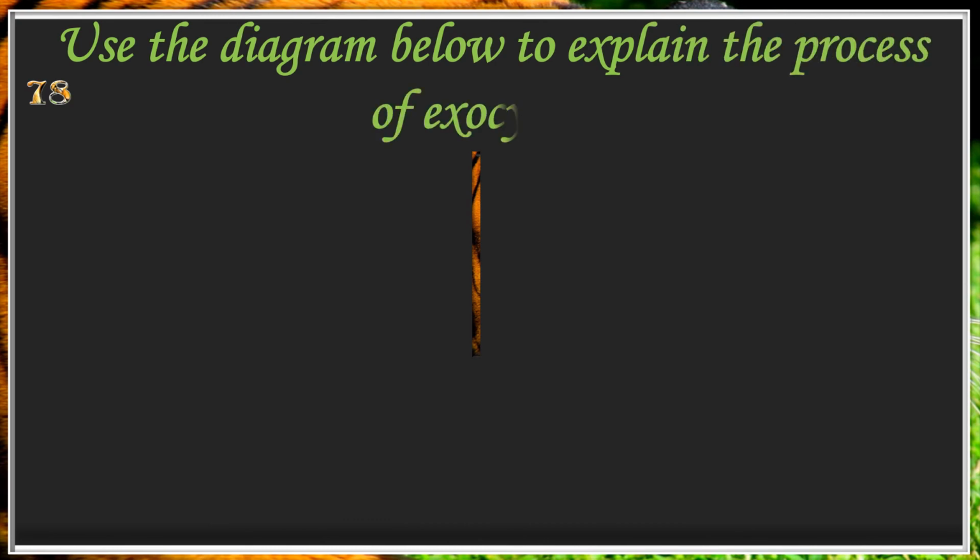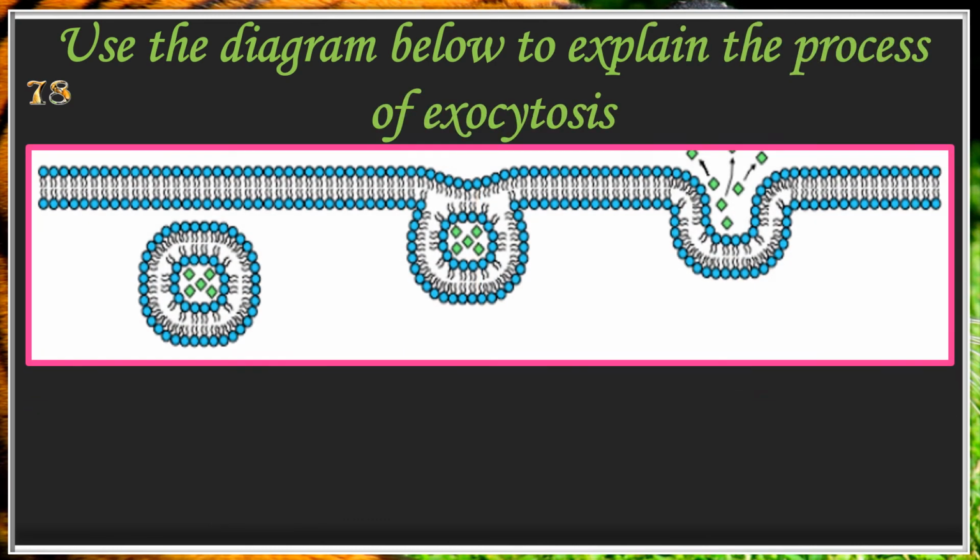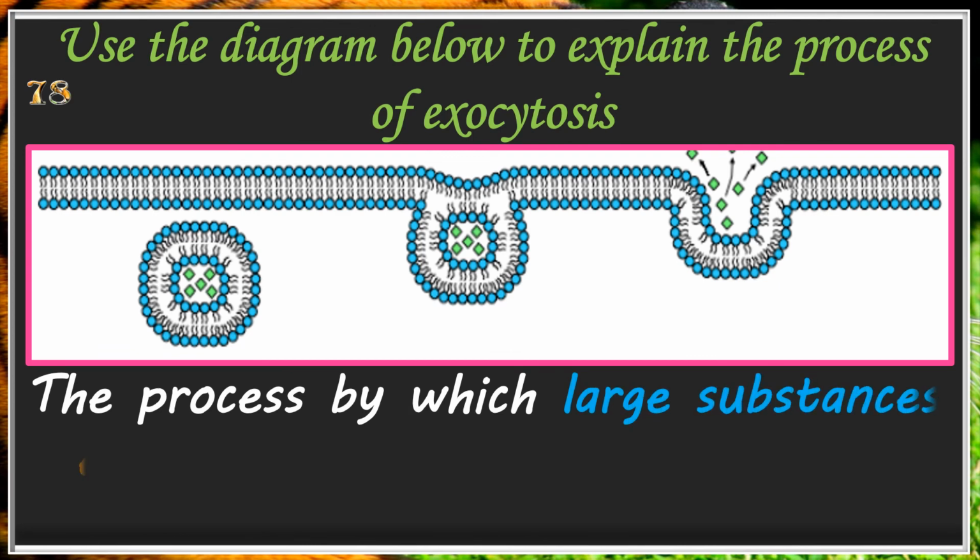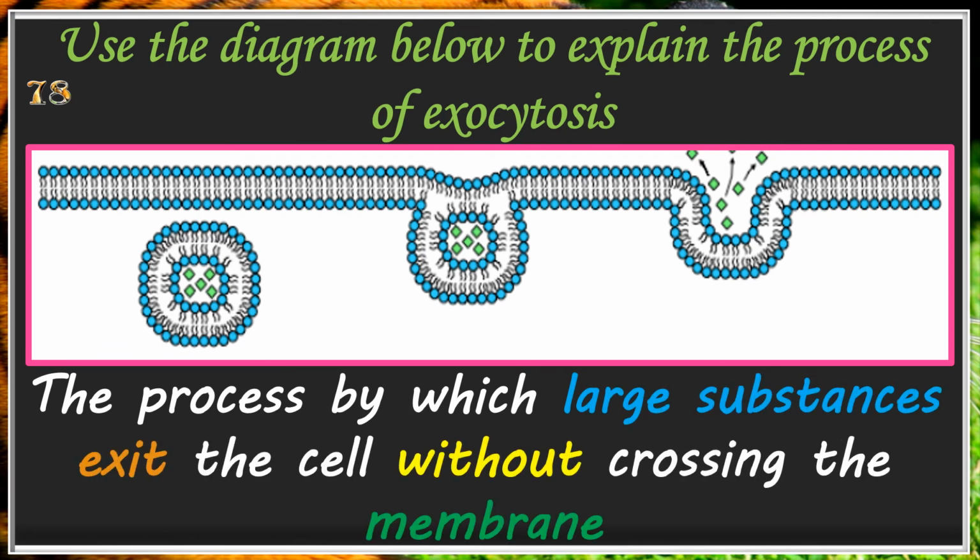Use the diagram below to explain the process of exocytosis. Exocytosis is the process by which large substances exit the cell without crossing the membrane.